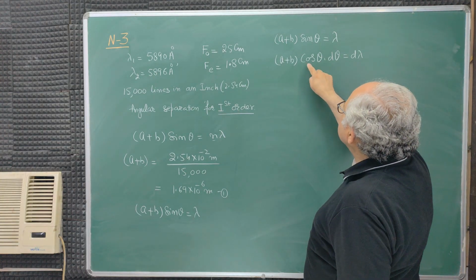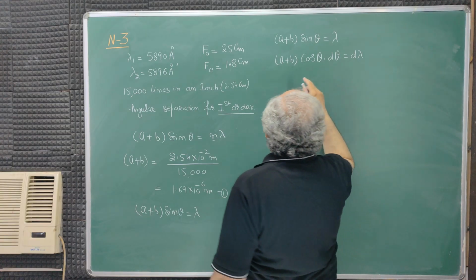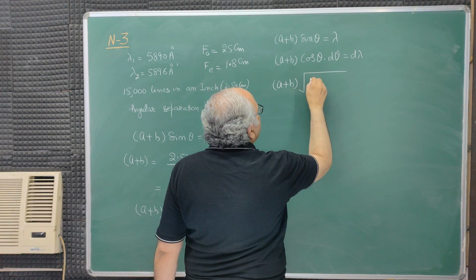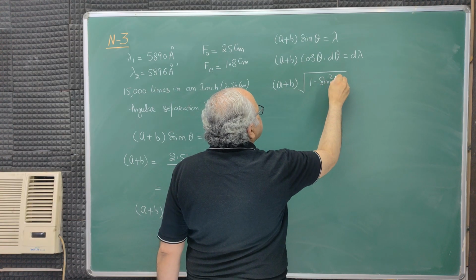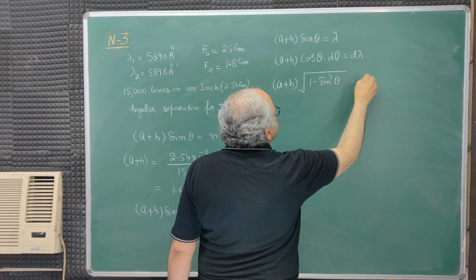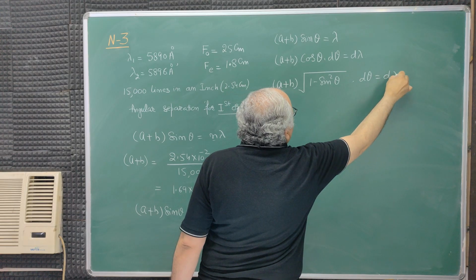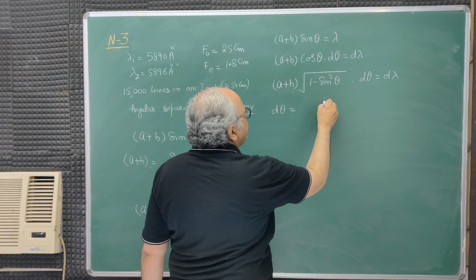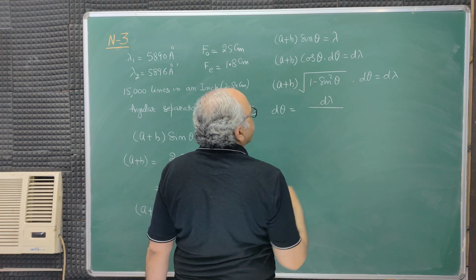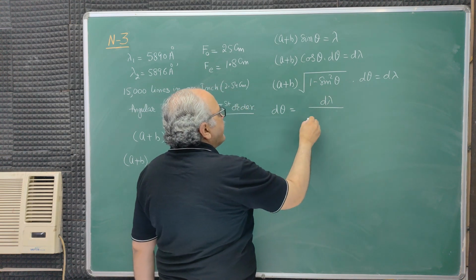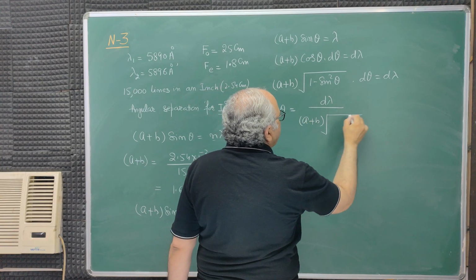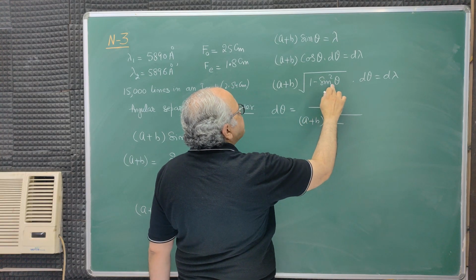Cos theta equals the square root of 1 minus sine square theta. So the d theta which we are looking for is equal to d lambda divided by (A plus B) under root of 1 minus sine square theta.